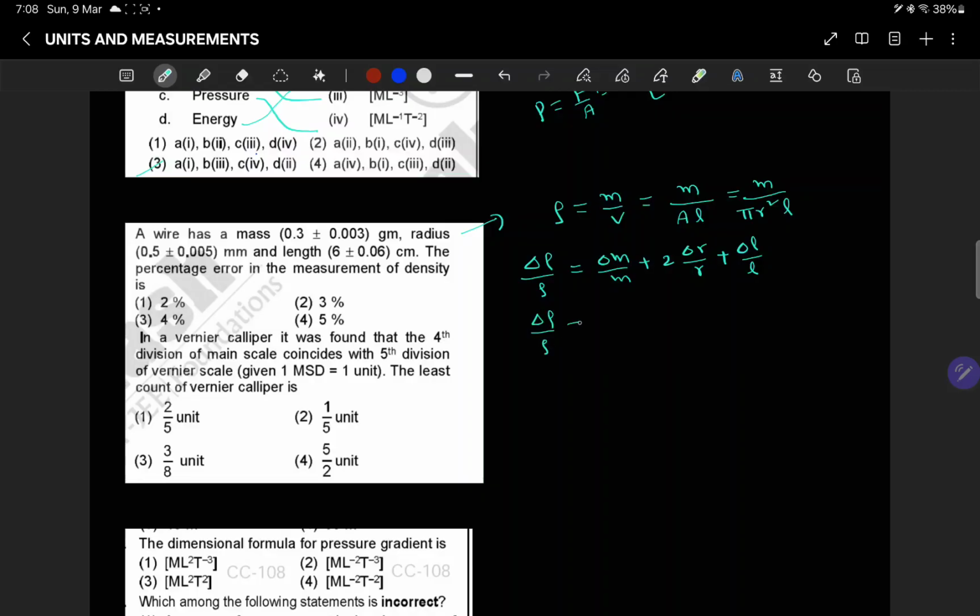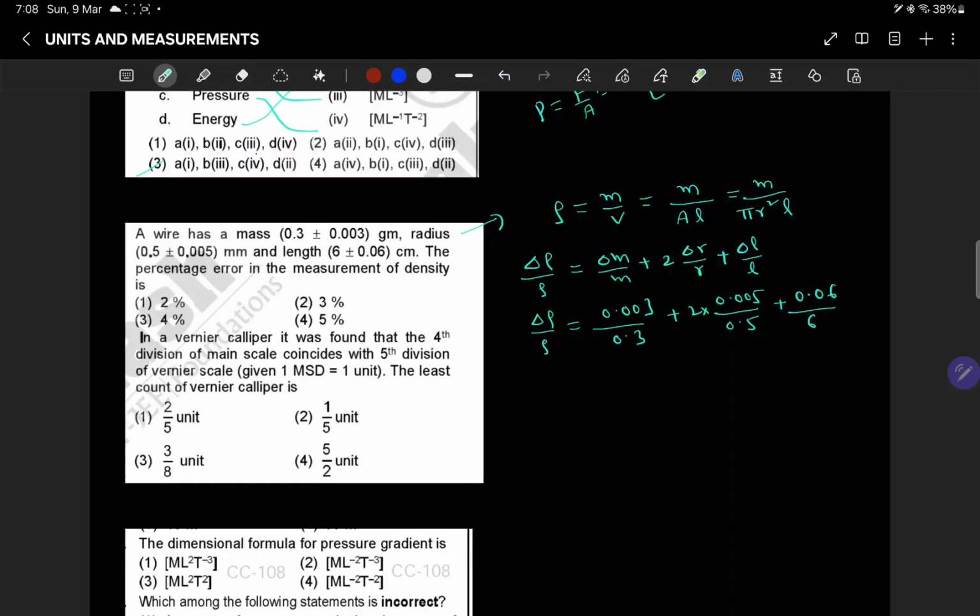Delta rho by rho equal to delta m is given 0.003 by m is 0.3, plus 2 into delta r is here 0.005 by 0.5, plus delta L 0.06 by 6. See here, easy simplification only given, students. So from the NEET point of view, within 1 minute, easy simplification only they will give.